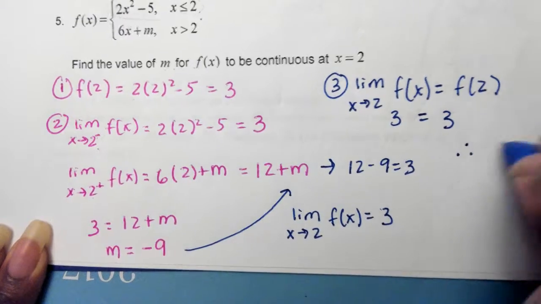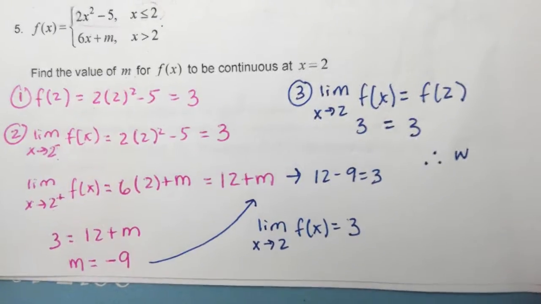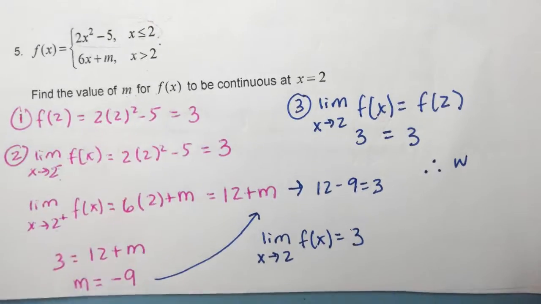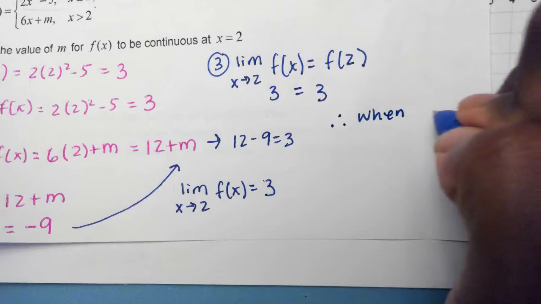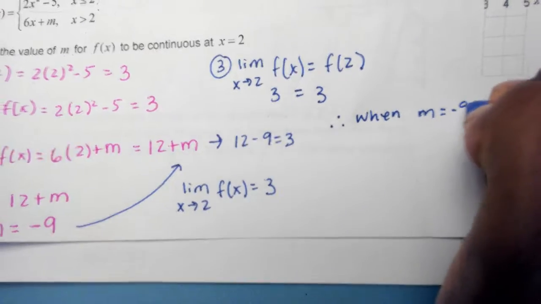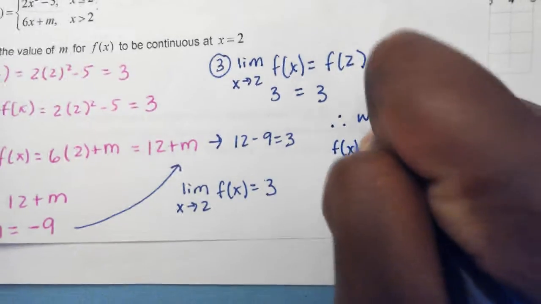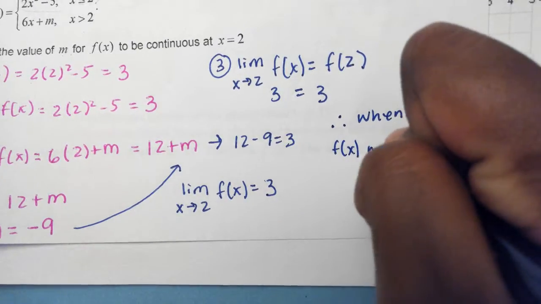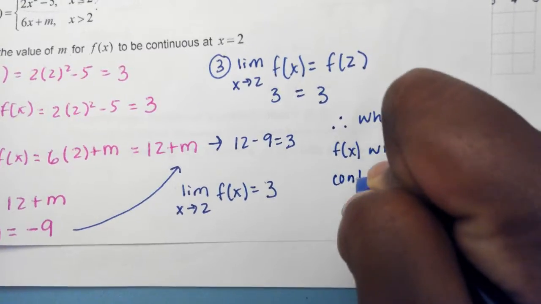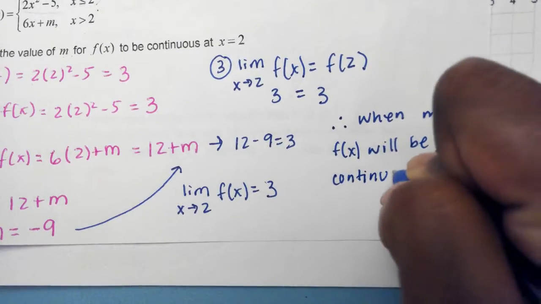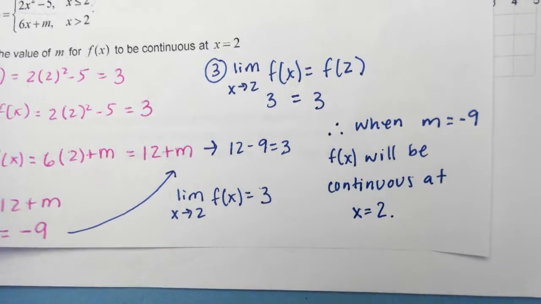Therefore, when m equals negative 9, f of x will be continuous at x equals 2.